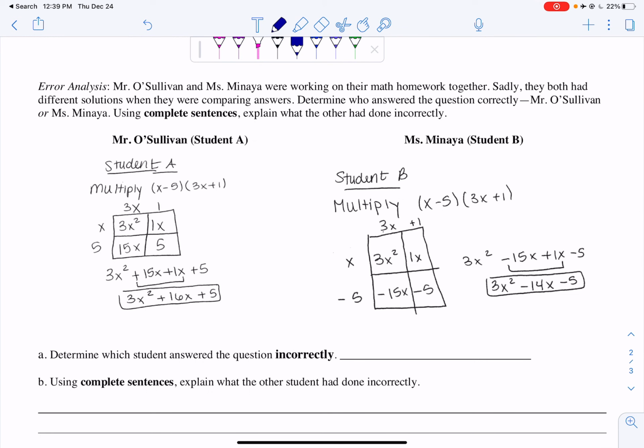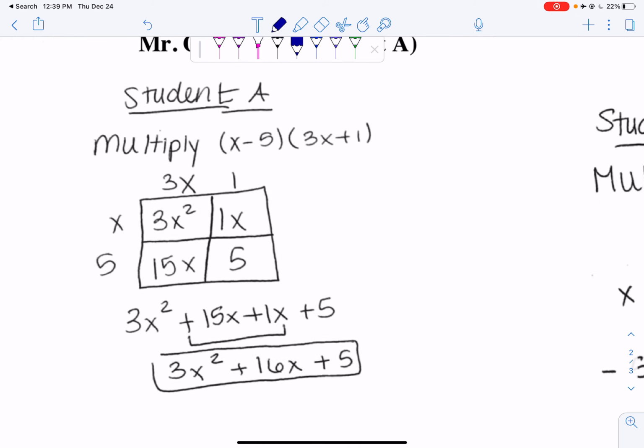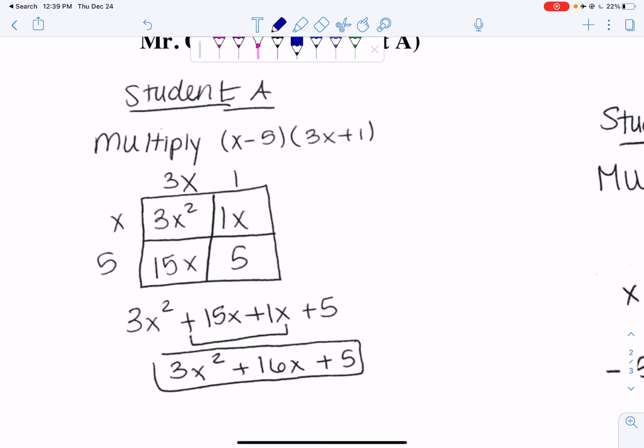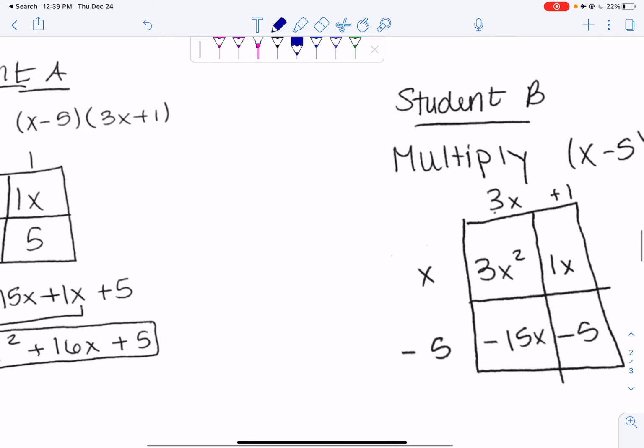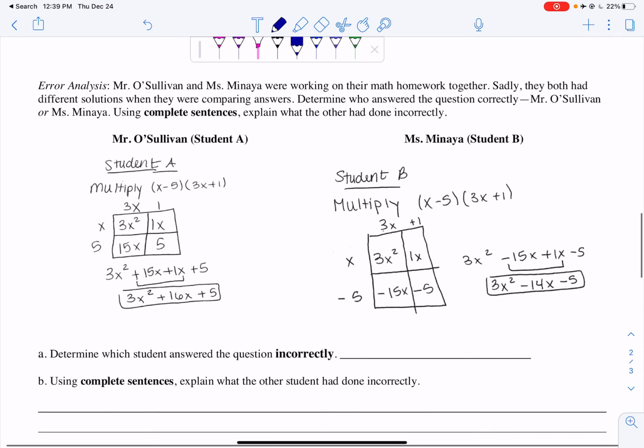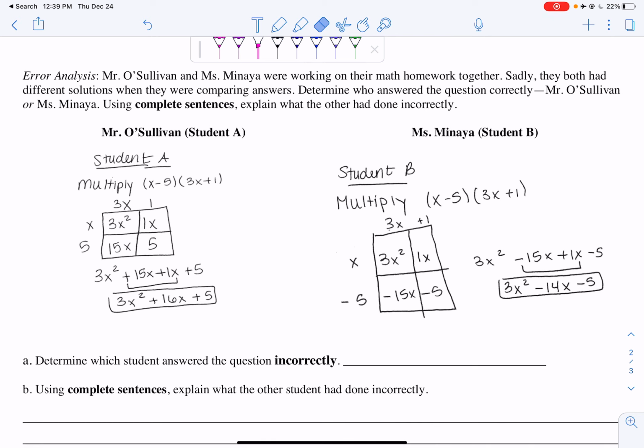Mr. O is student A, Miss Minaya is student B. So if I look at this, when Mr. O'Sullivan was performing the calculations, he wrote his x and his 5 and his 3x and his 1, just like he should. But there's a difference. If you look right here, Miss Minaya was putting signs on everything. Mr. O'Sullivan wasn't.